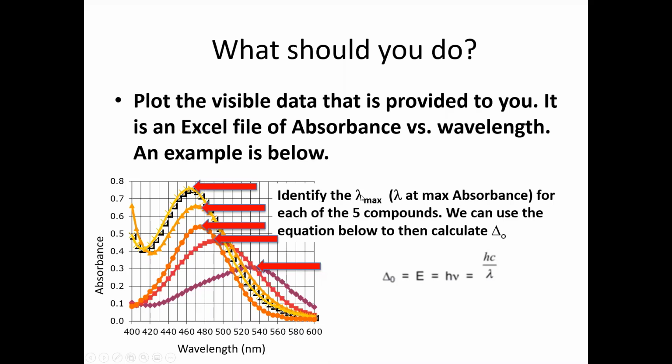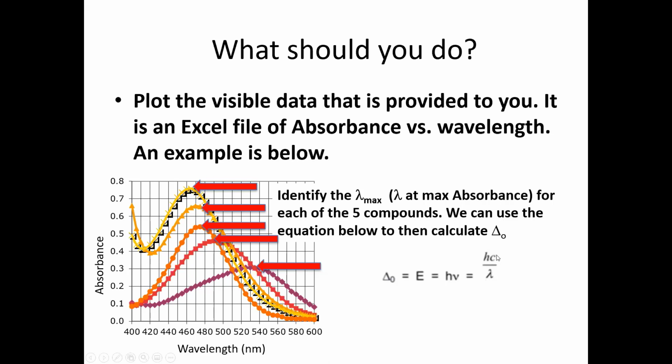So once you have the lambda max, you can use this equation from the theory of relativity, E equals h times nu. Nu is the frequency of light, which equals the speed of light divided by the wavelength of light. So the lambda here, the wavelength of light, is your lambda max, okay?